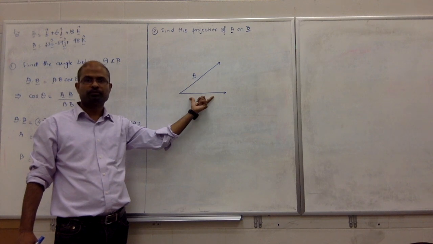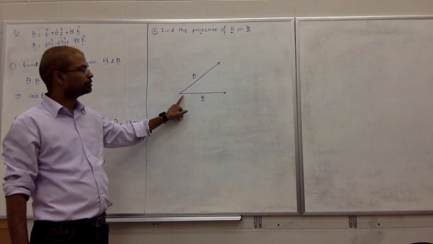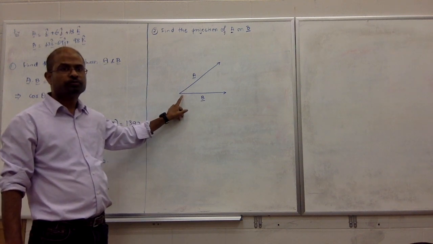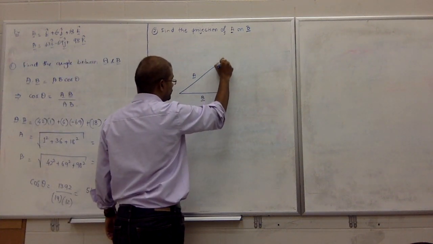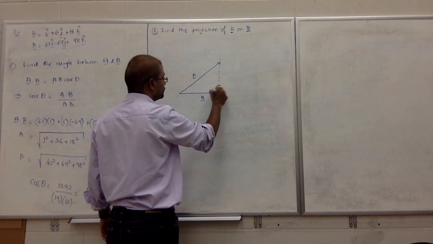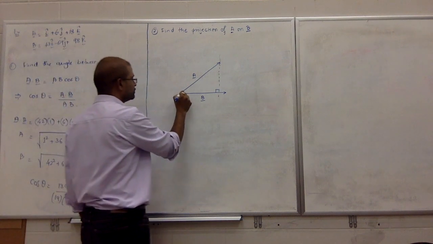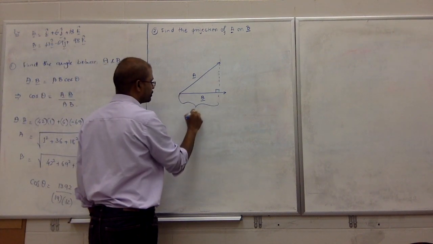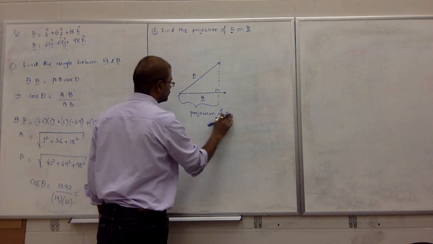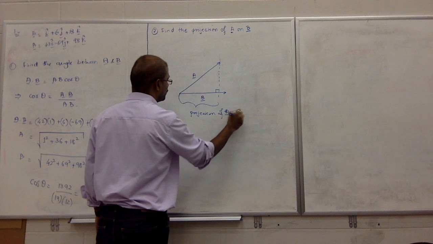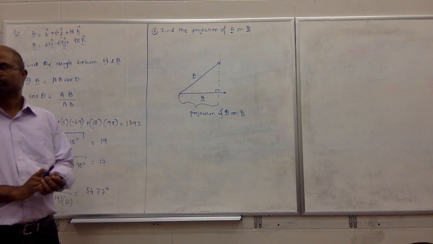Got it? So what you're going to do is draw a perpendicular passing through this point, but it's perpendicular to this line. Okay? This is the projection of A on B. That makes sense?